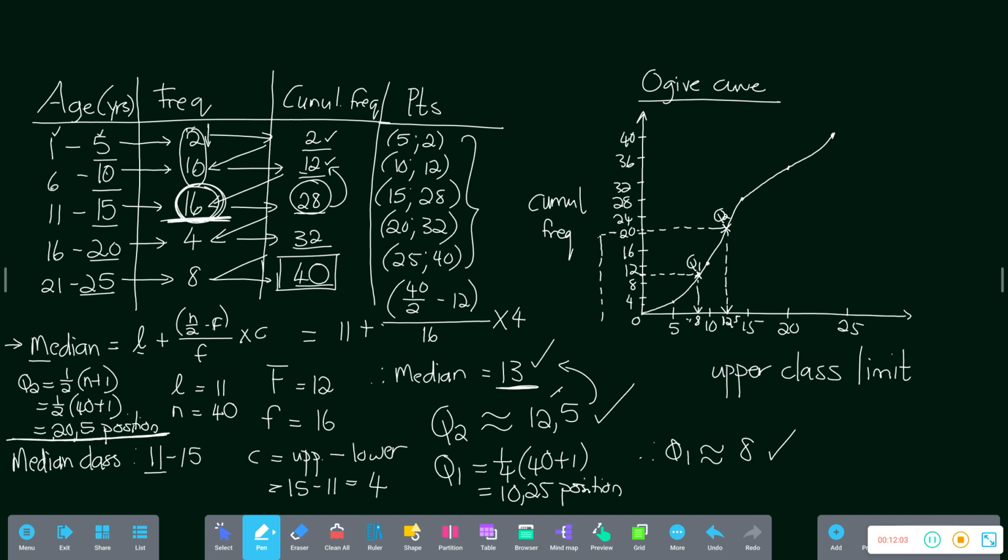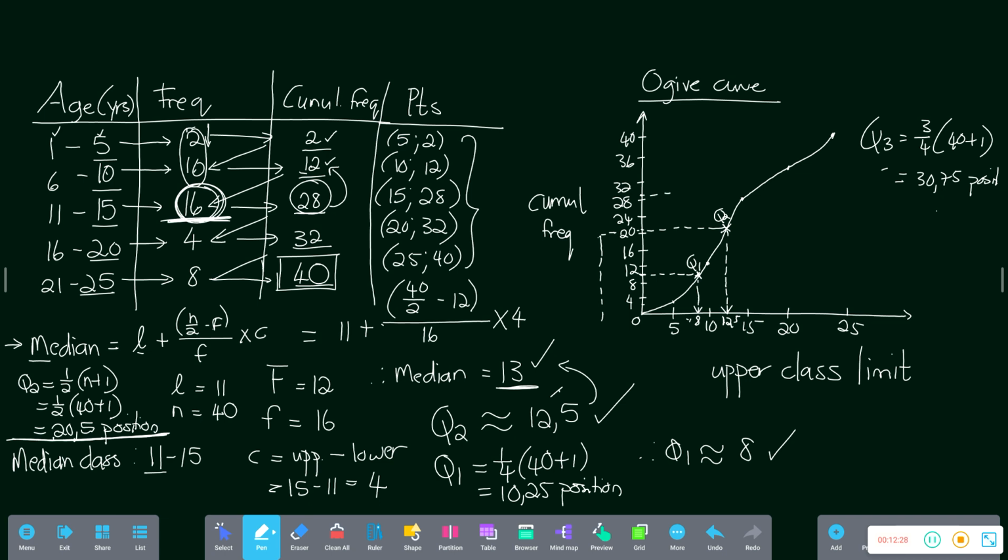And then we can do the same for Q3. Q3 is 3 over 4 times 40 plus 1, and the position here would therefore be 30,75. Then I would go up along my y-axis, find 30,75, somewhere there.